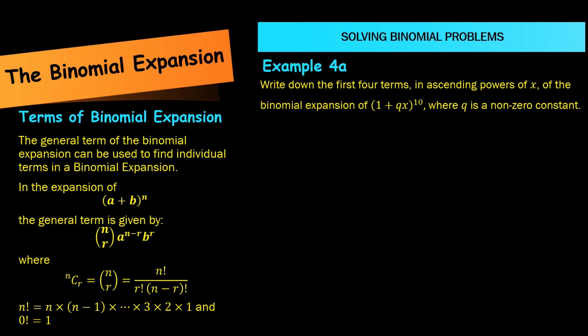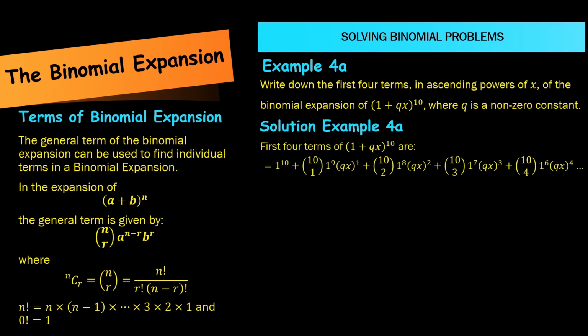So let's solve this. We're going to look at the first four terms of 1 plus qx all raised to the power 10. Here's the first term, the constant, 1 to the power 10. Here's the x term.